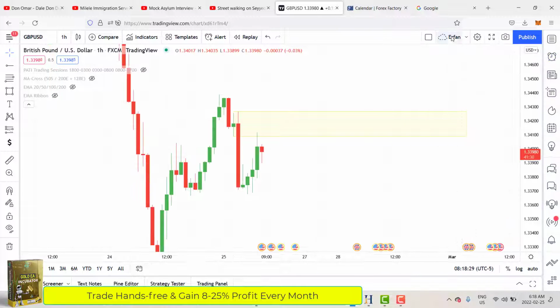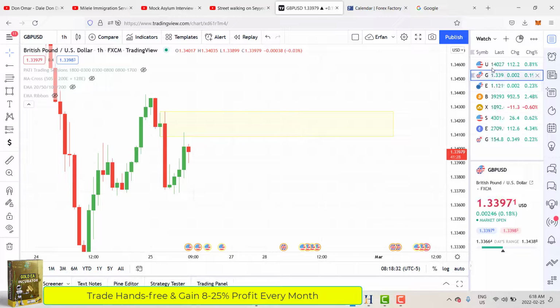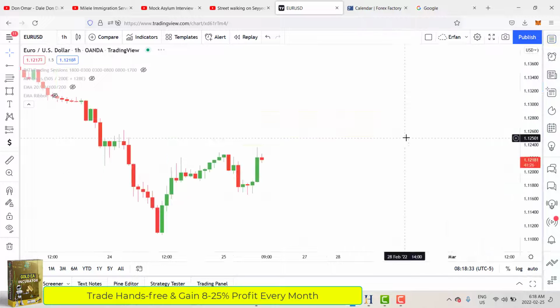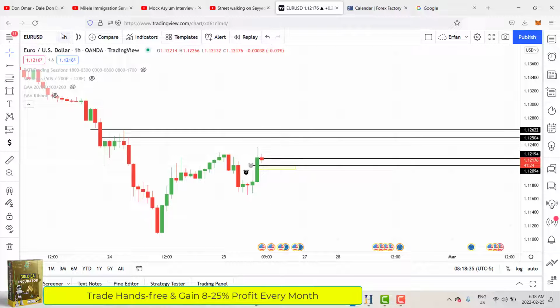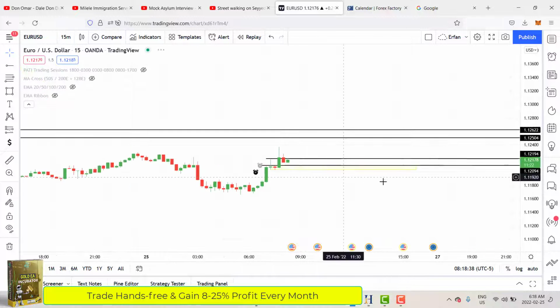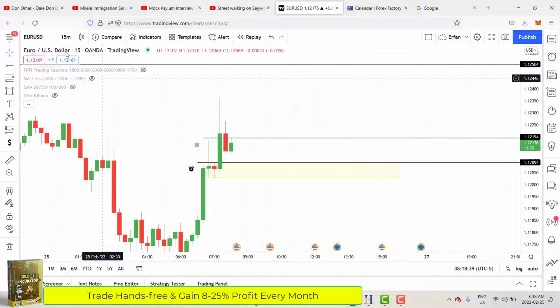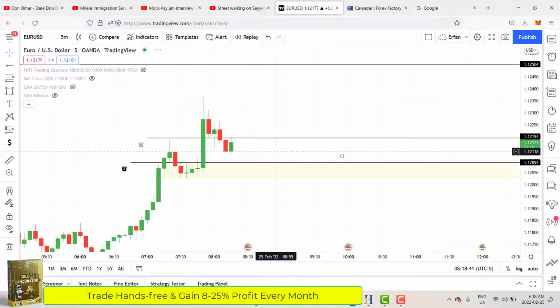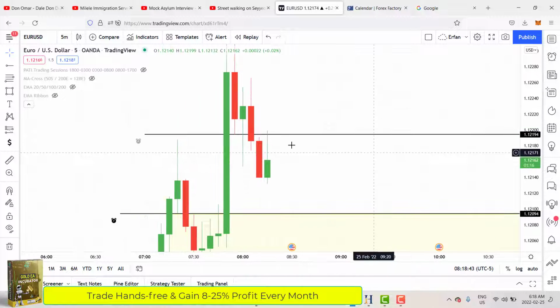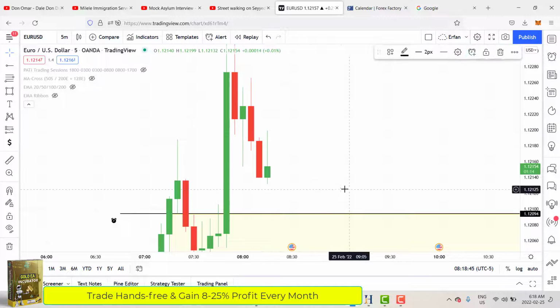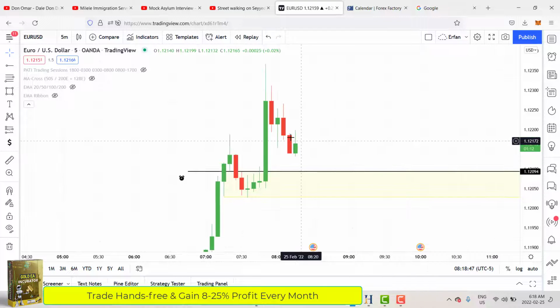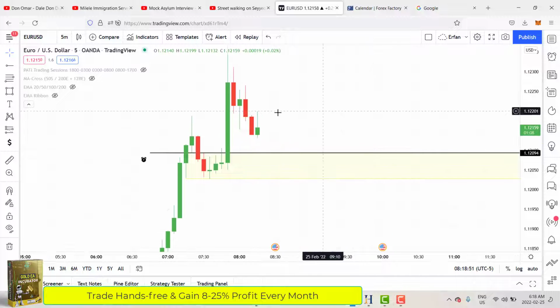Okay, so we have EURUSD is already tapped into. So okay, it actually went above the price. Well, yeah, it doesn't make sense really if I put it here, because there's so many things that might happen right now.